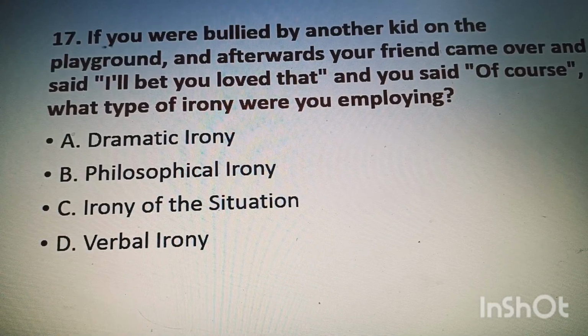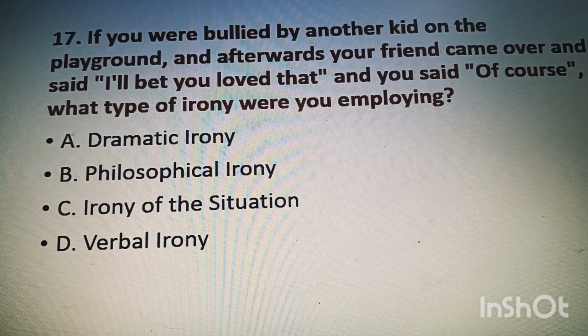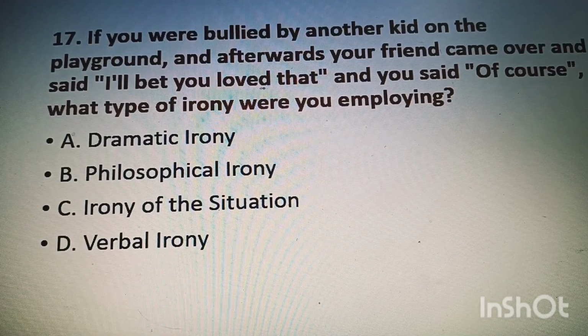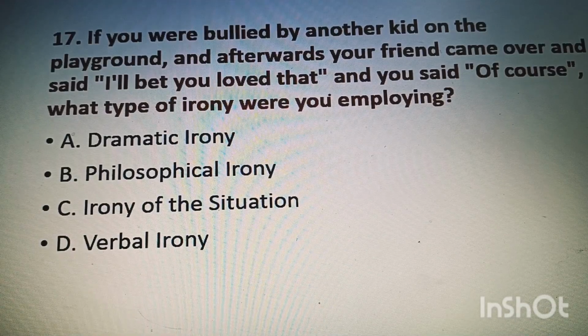Question number 17. If you were bullied by another kid on the playground and afterwards your friend came over and said, I will bet you loved that. And you said, of course. What type of irony were you employing? So this is verbal irony.